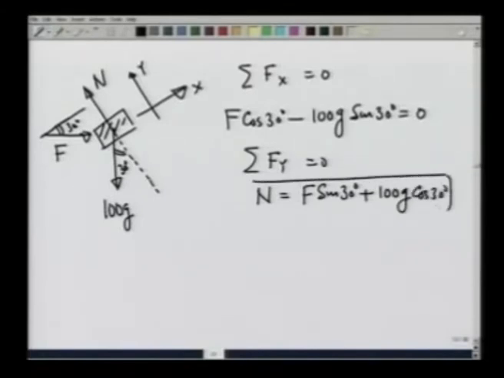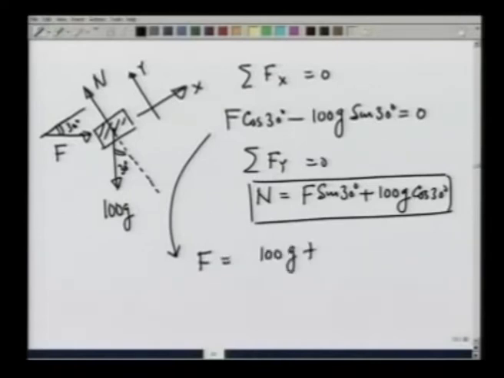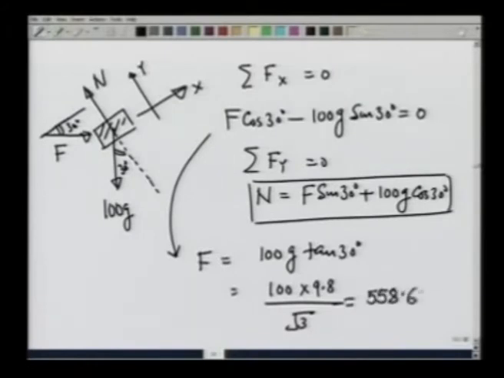This equation I do not need to calculate F. I will calculate F straight from this equation, which gives me F is equal to 100 g tangent of 30 degrees, which is 100 times 9.8 divided by the square root of 3, and you can calculate this number. This comes out to be 558.6 newtons. So without friction, 558.6 newtons gives me a force that will keep the block in equilibrium.